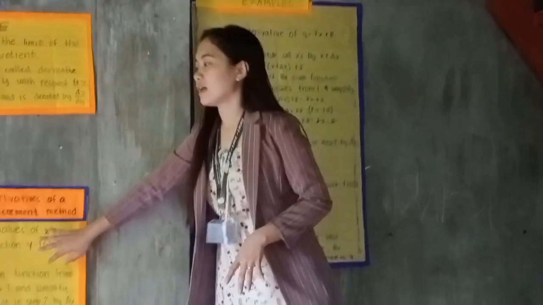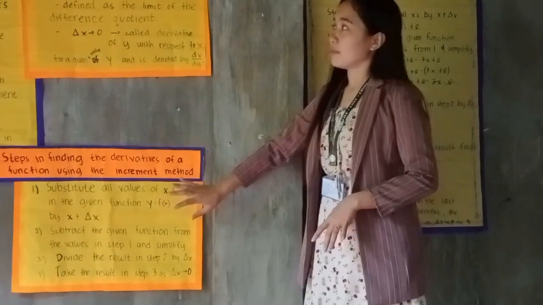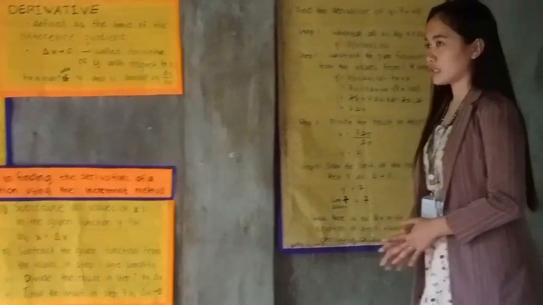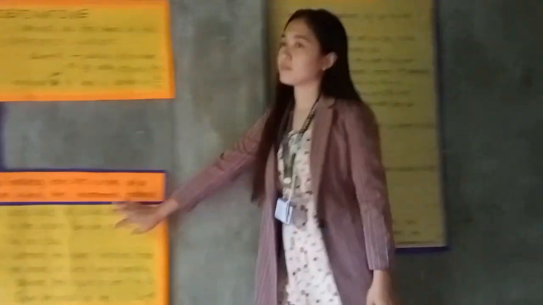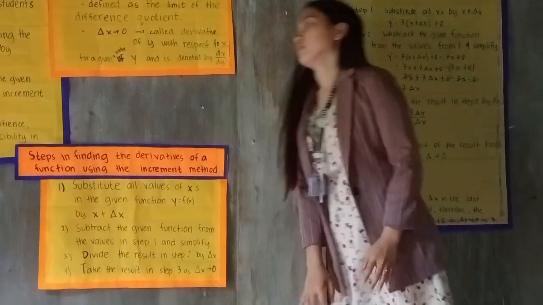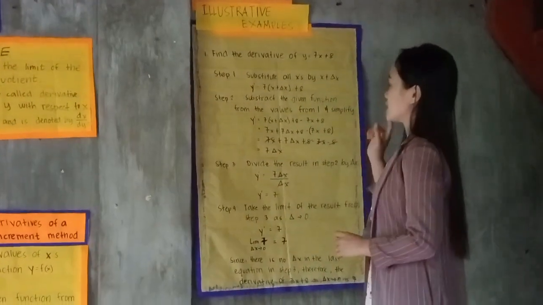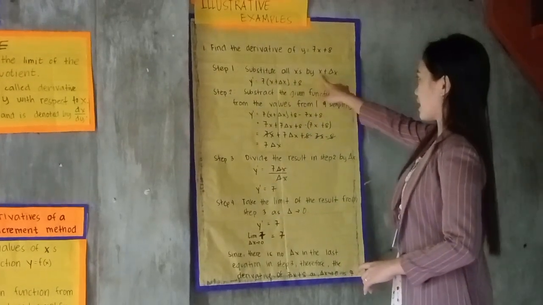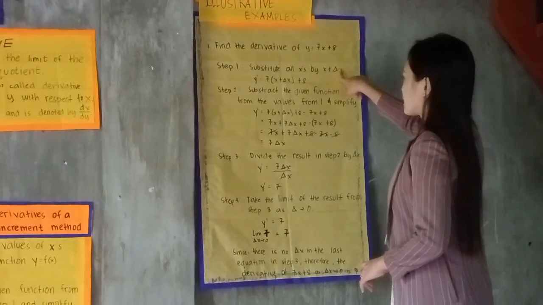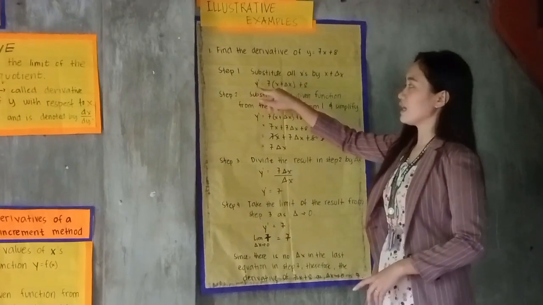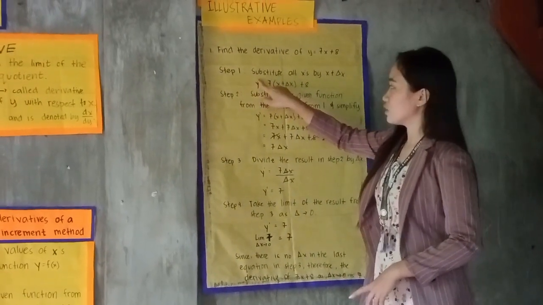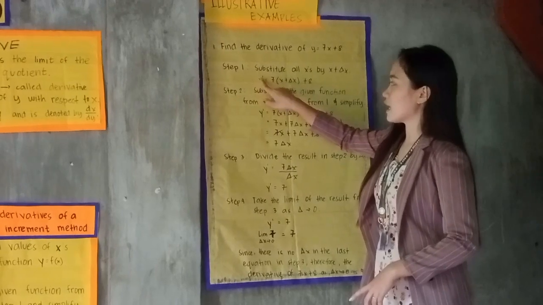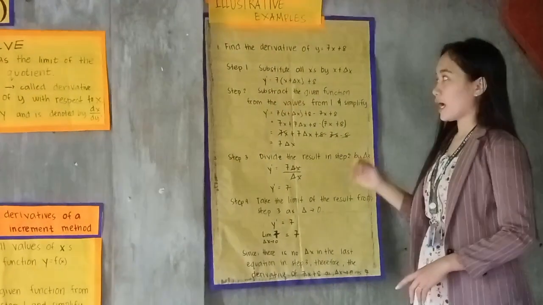So, yung sabi kanina na mga steps in finding the derivative using the increment method. First, we are going to substitute all the x's by x plus delta x. So, ito na yung nangyayari. Lalagyan natin siya ng prime sa itaas. Ang ibig sabihin nun is prime.